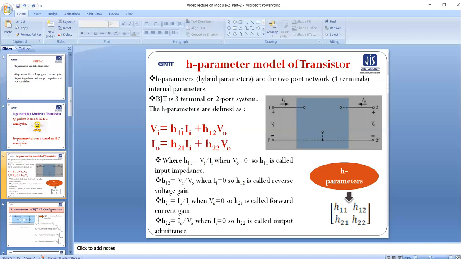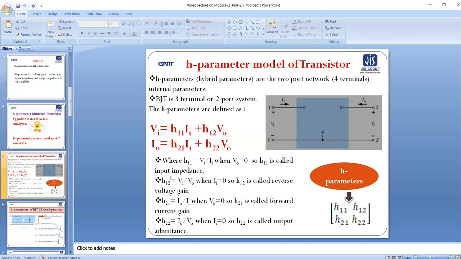Similarly, if we set II equals 0, how can we set II equals 0? If we keep the input terminals open. When the input terminals become open, then II becomes 0. So if we are not connecting any signal, the input terminals become open, then II becomes 0. When II becomes 0, then VI is related to V naught by the factor H12, and I naught will be related to V naught by H22.